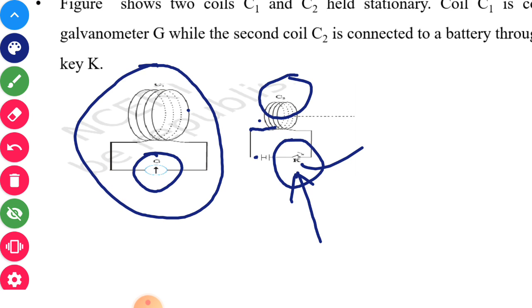When you are switching the key on and off, a momentary deflection is seen in the galvanometer which is joined with the first coil. At the time of switching on and switching off, a momentary deflection is seen.